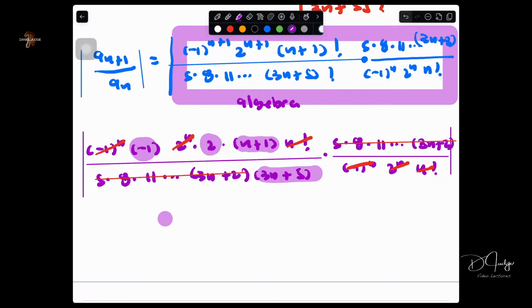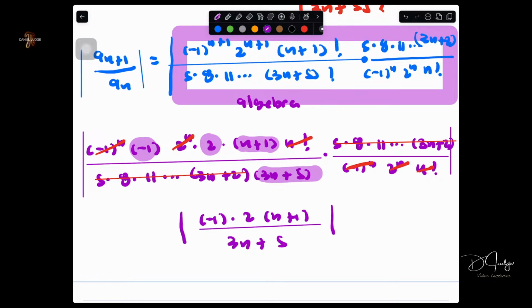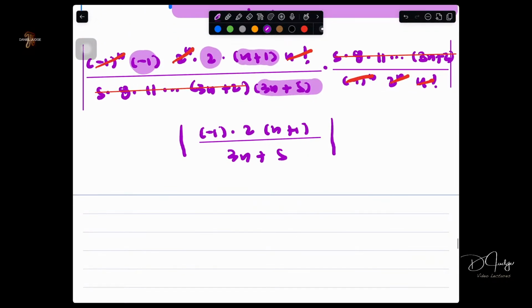So we have now the absolute value, negative 1 times 2 times n plus 1 over 3n plus 5, which is the absolute value of negative 1 by using properties of absolute value, times 2 times n plus 1 over really 3n plus 5.